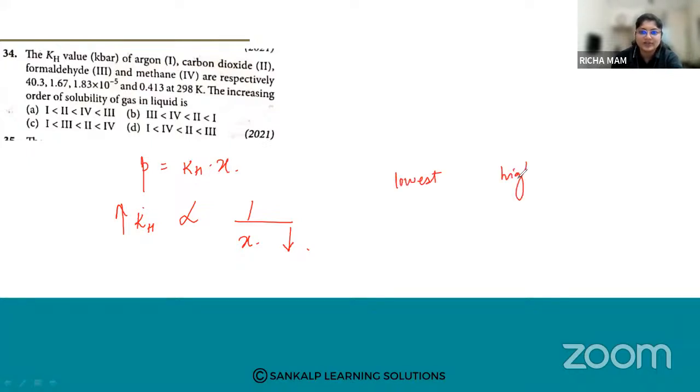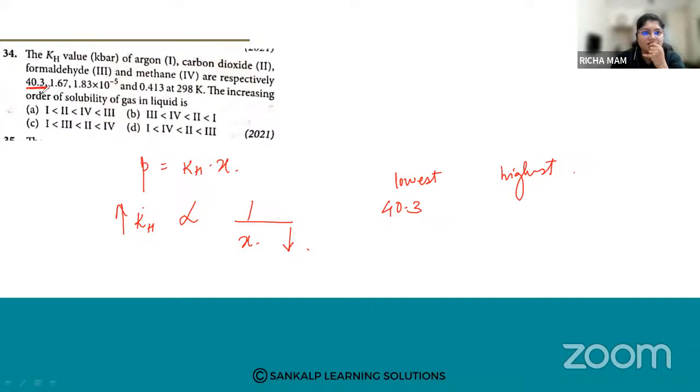So which is the lowest here? So the KH value of this is given, the increasing order of solubility of gas is. So 40.43 first will come.